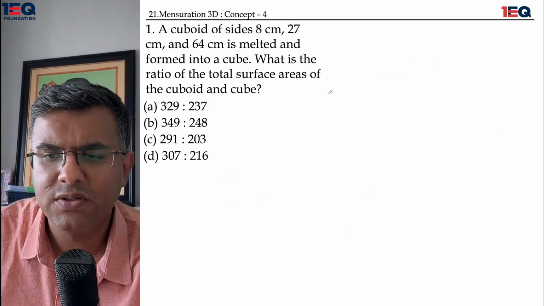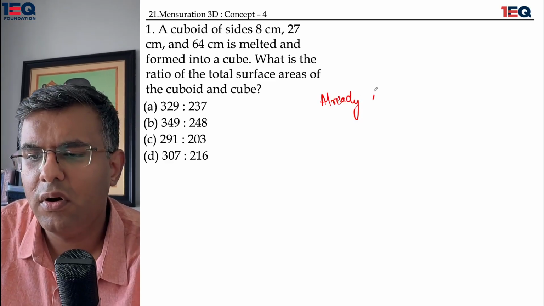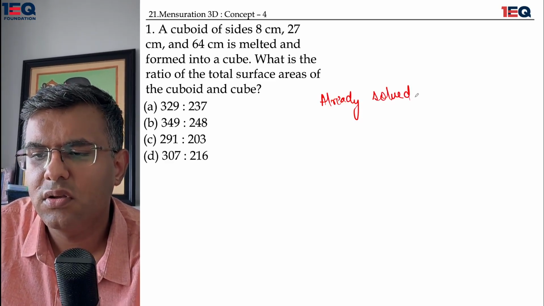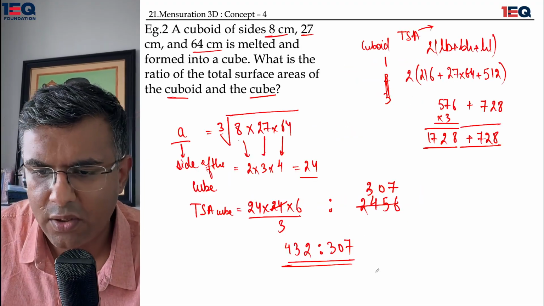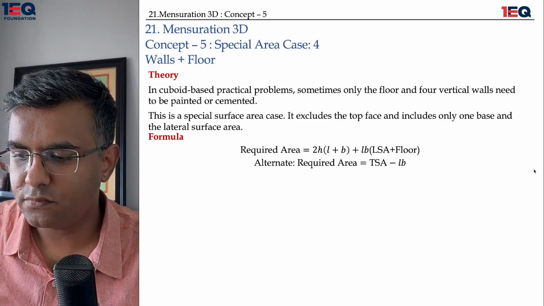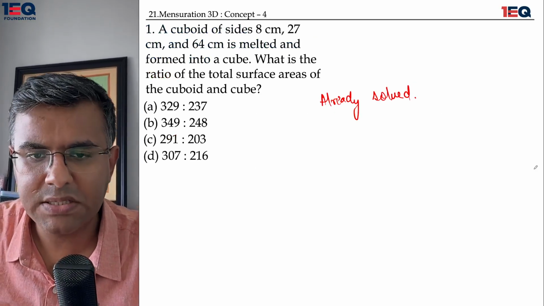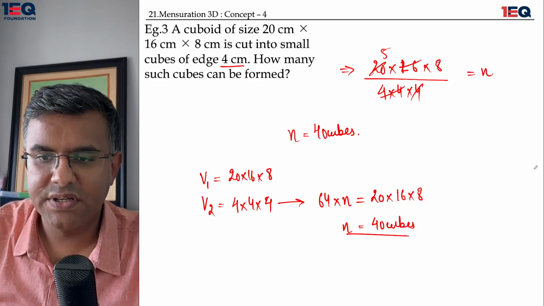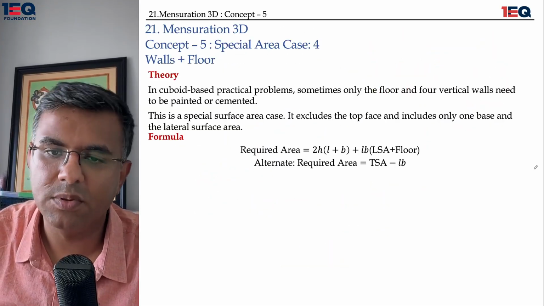Maybe we've already solved it. Let me just go back and find out if there is any correction that needs to be done here. All right, so we have already solved this question in the past. Like 2 slides back, we've just solved the question, so I won't be doing it again. Moving to the next problem.